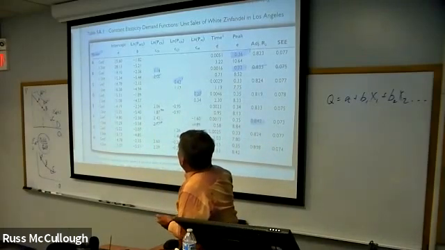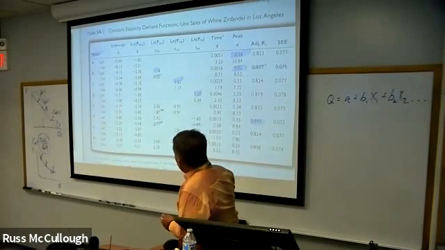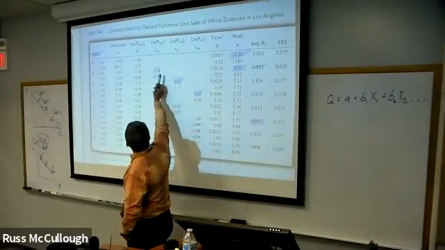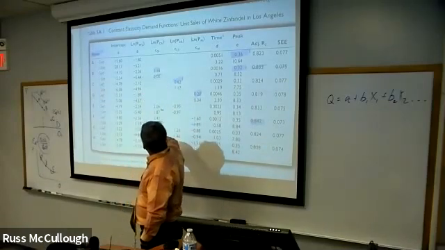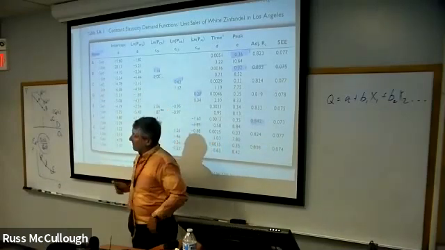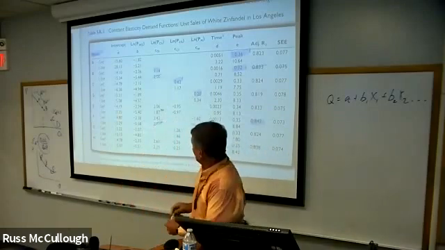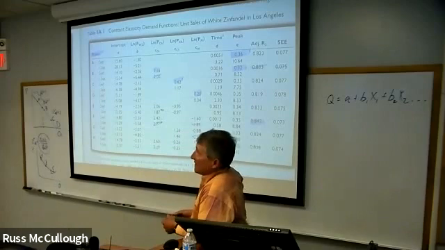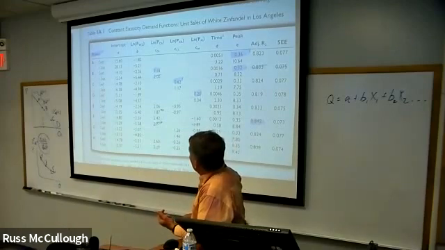Why? 5.21 is greater than 2, so we're using our rule of 2. That's fine. When we add Chardonnay, does it remain significant? Yes. What's happening to the magnitude of the coefficient? Is it getting larger or smaller?